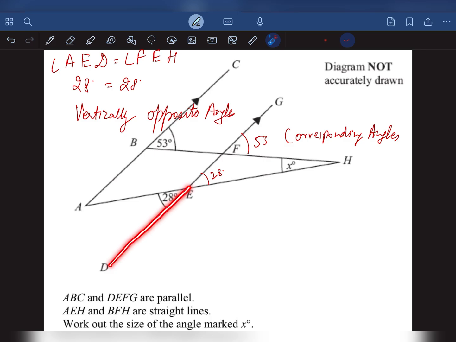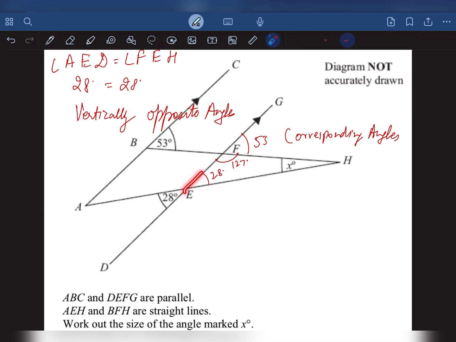As you can see, DEG is a parallel line as they have mentioned here, so it is a straight line. This angle plus this angle, the sum is 180 degrees. So this angle is 180 minus 53, which is 127.